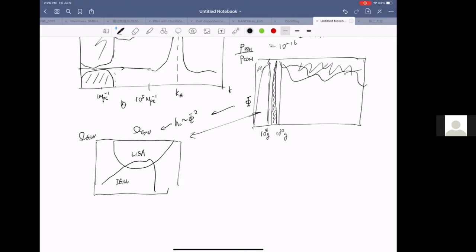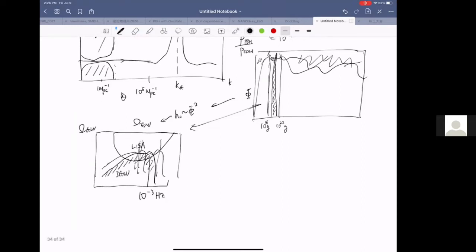This is the induced gravitational wave signal at around 10 to the minus 3 hertz. So if you move this peak around, then this frequency also moves around. But basically, it's always above the sensitivity curve.